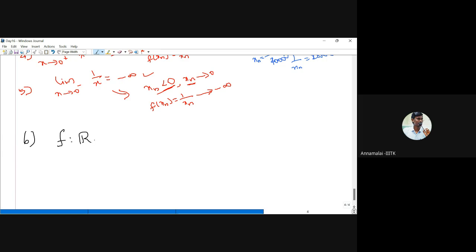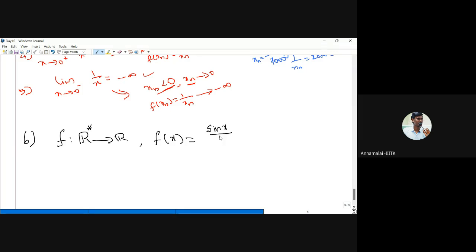f is a function from R to R. Maybe I can say R, remove 0 from this. Then I am defining f of x equal to sin x by x, where x is non-zero because we are removing 0 from R, that is R star.